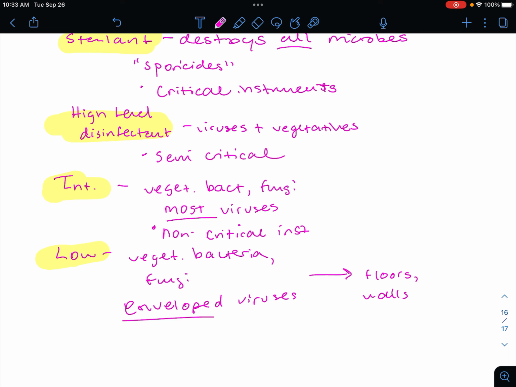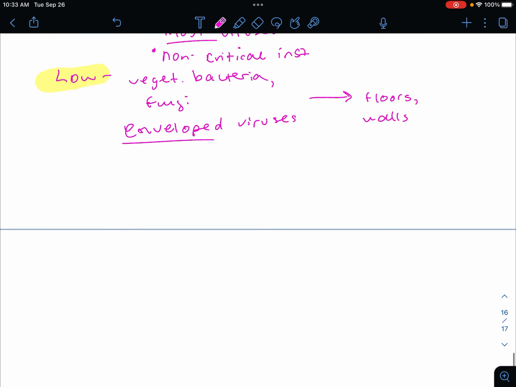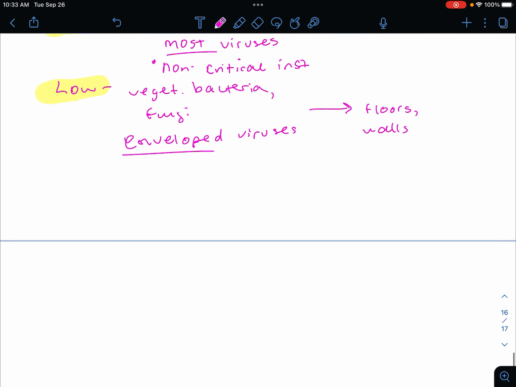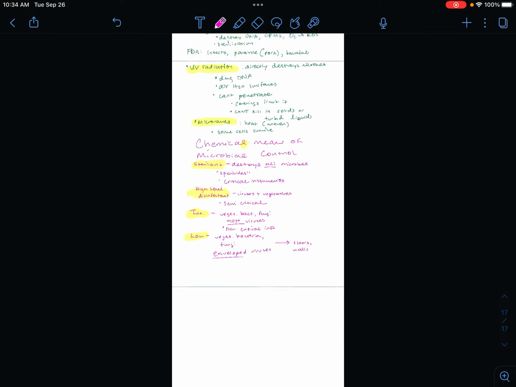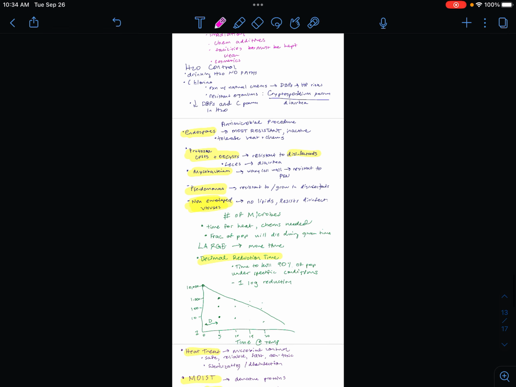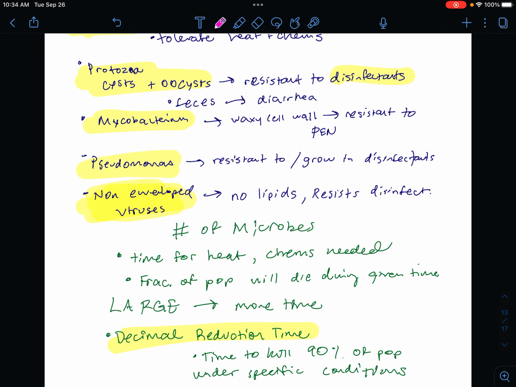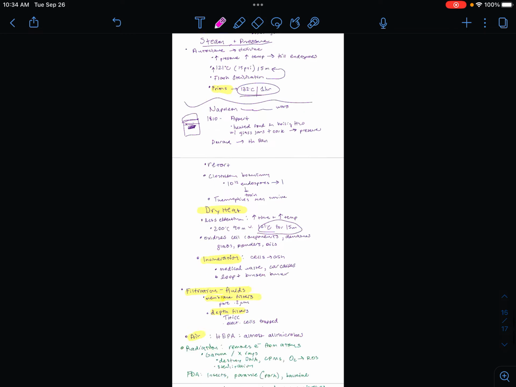So not on instruments themselves, but just on the surroundings. And again, enveloped viruses, so ones that do have that lipid or protein coat, not the viruses that lack a coat. Those are going to be tougher to deal with, as we've discussed up here. Non-enveloped viruses, so they resist disinfectant.